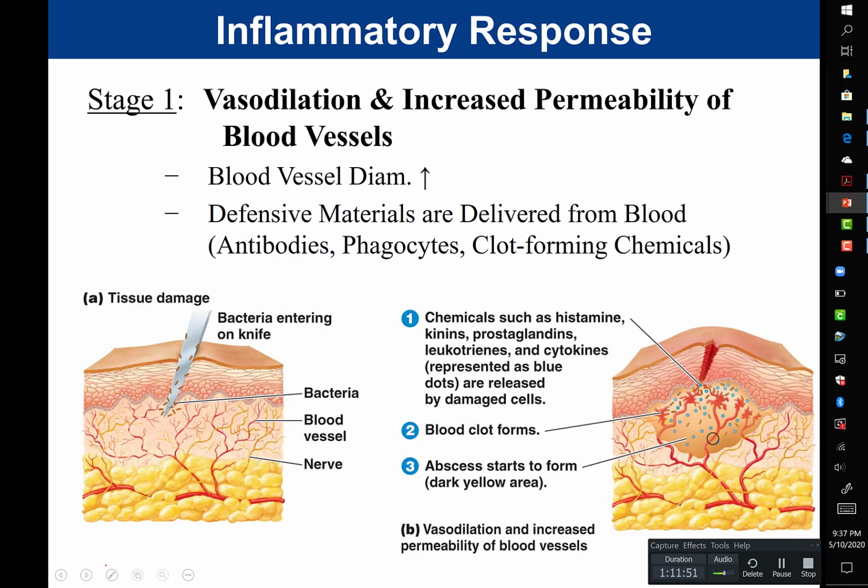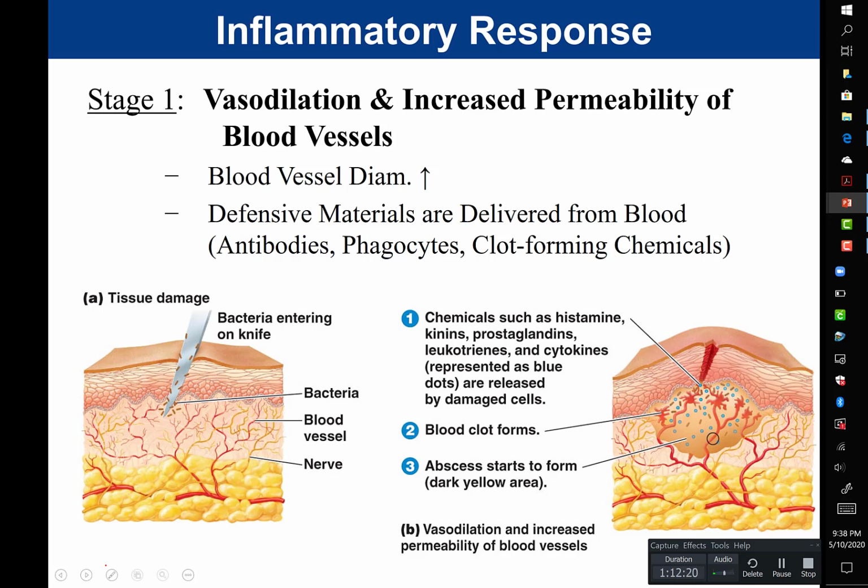Those damaged cells will produce chemicals such as histamines, kinins, prostaglandins, leukotrienes, and cytokines. Leukotrienes and prostaglandins tell you about pain. Cytokines cause cells to move to the site of the infection.